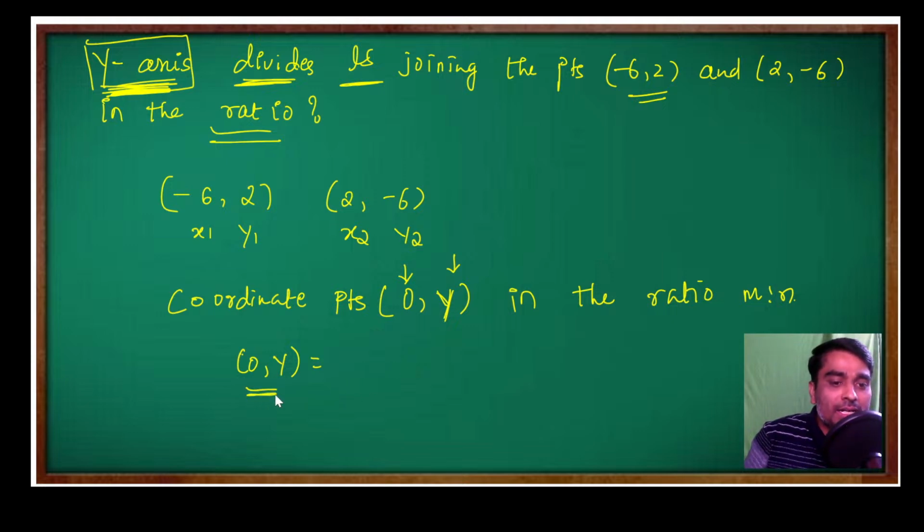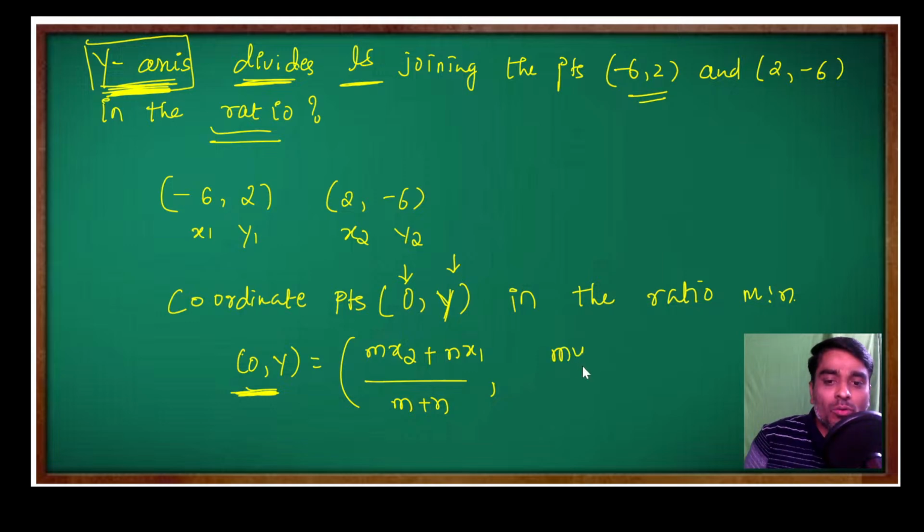These are the coordinate points (0, y), because the y-axis divides the line. So I will equate it to the formula first. mx2 + nx1 divided by m + n. This is the x coordinate. Then like this only we write for the y coordinate: my2 + ny1 divided by m + n. This is the formula.